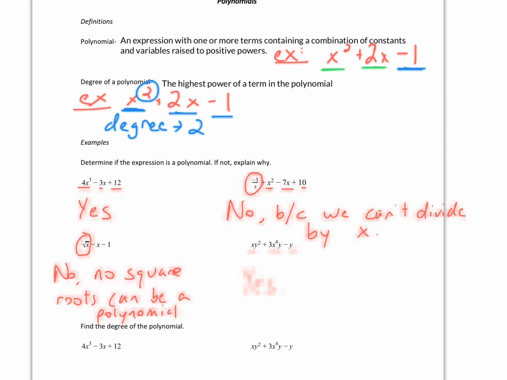The square root means it's not a polynomial. And then our last one, we haven't seen an example quite like this. We have multiple variables in each term, all raised to positive powers. That's completely okay. So this is yes. That is a polynomial of 2 variables.